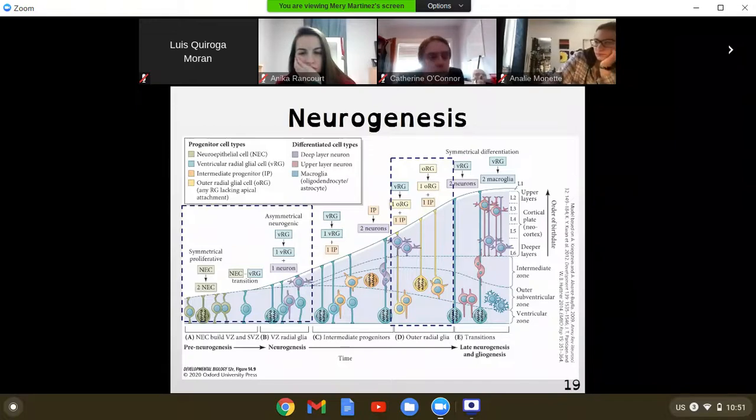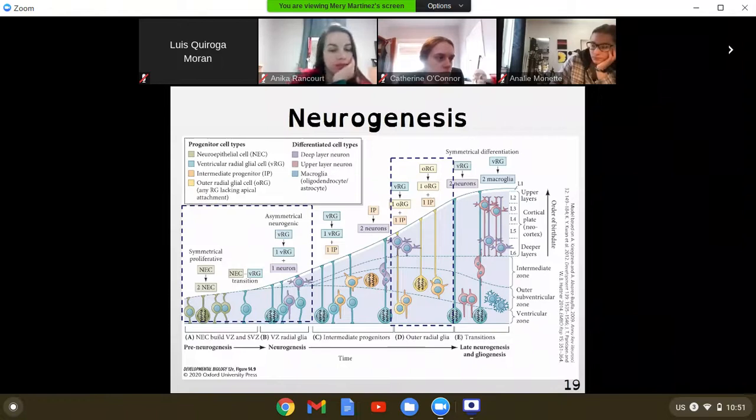So through the phase of brain development, the VRGs, the ventricular radial glial cells, serve as the parental stem cell type. And in addition to directly generating neurons, it also gives rise to both the ORG and the IP cells. Okay, so just this one that started here can give rise to 2 and even 3 different types of cells. Is that clear?